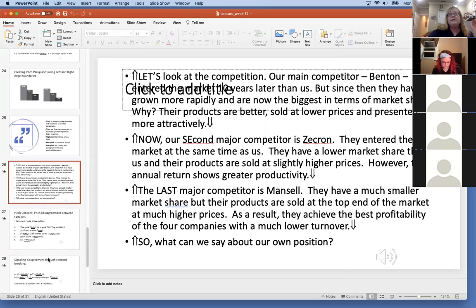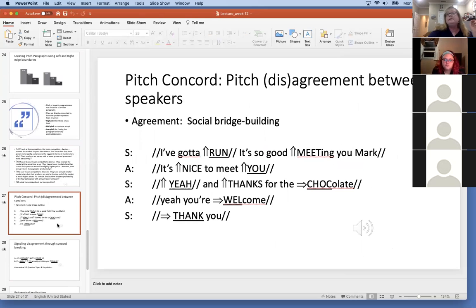Another way, the second major way we use it, is something called pitch concord, which basically has to do with agreement or disagreement between speakers. Pitch concord essentially says, if I agree with you, I'm going to try and match your pitch.